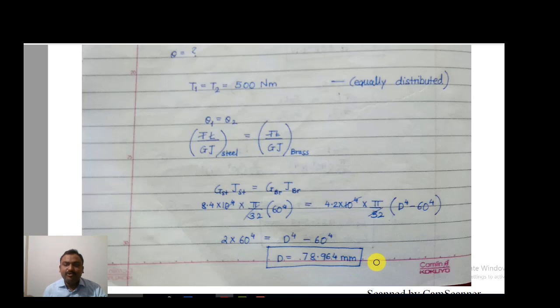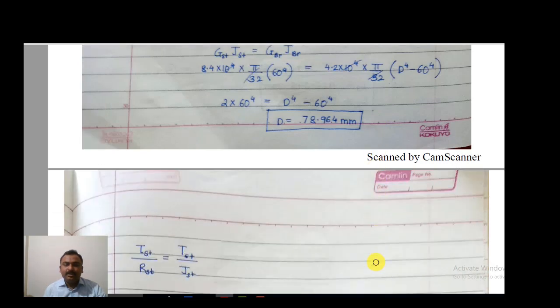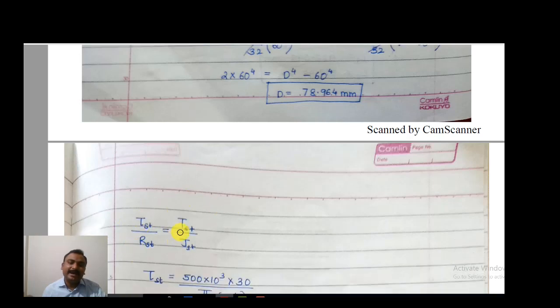The value will be 78.964 mm. Next, we need to calculate the shear stress. As we have the dimensions and the torque transmitted, by using torsion relation we can calculate the shear stresses on steel and brass. For steel, tau by R is equal to T by J. So tau of steel upon R of steel is equal to T of steel upon J of steel.